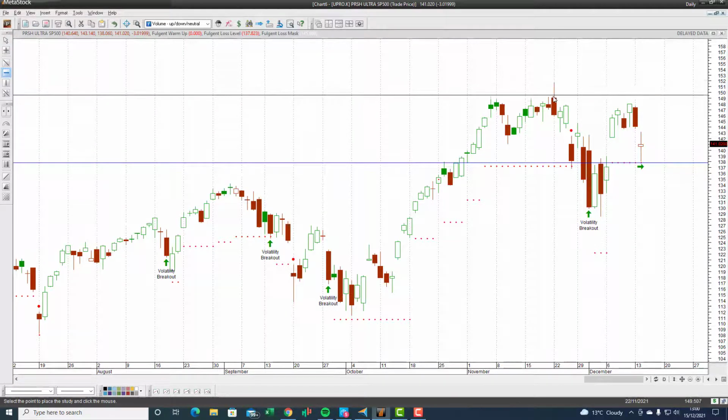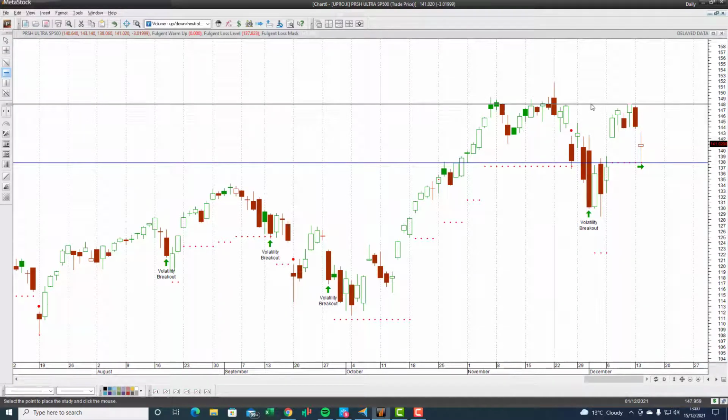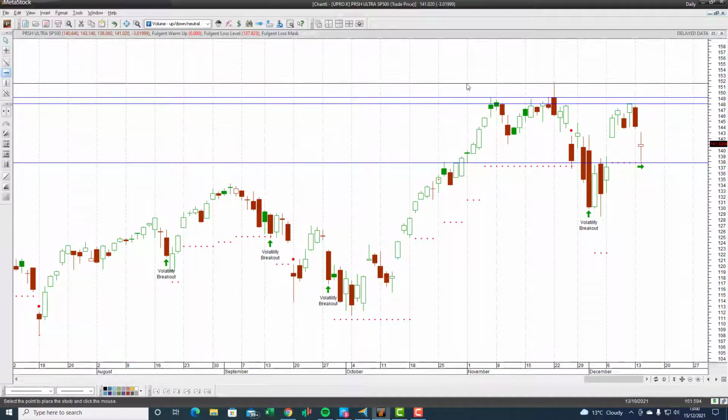137 is the trailing stop loss, and these old highs are the resistance zone to deal with. There's a cluster of old high resistance levels there, so it'll be interesting to see if we can hit those by the year end. But all set for a year-end rally from a Spider ETF and QQQ ETF perspective.